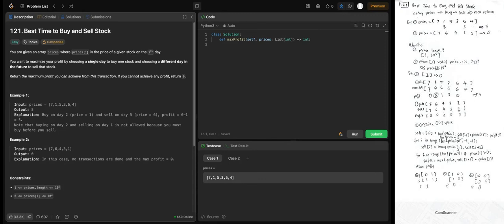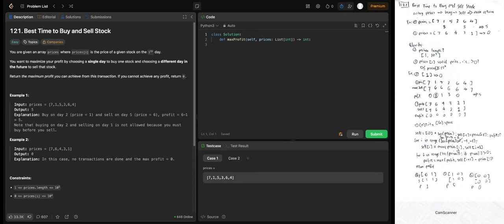Okay, so I think the problem makes sense to me now. One approach that I can come up with off the top of my head is that we could pre-compute the maximum price that we can sell at if we buy on day B, which is the day we buy.